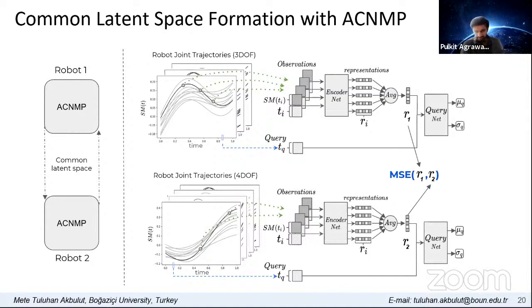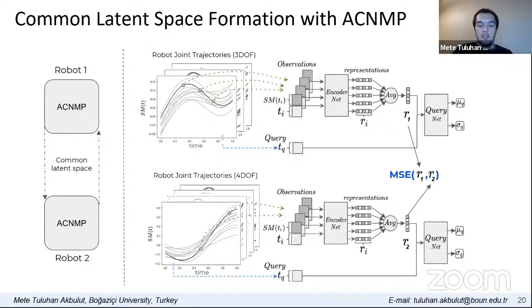In the 3 degree of freedom and the 4 degree of freedom experiments that you showed, the pushing task and the button pressing task, did you need any alignment when the pushing task was being done, or no alignment? We don't need alignment.